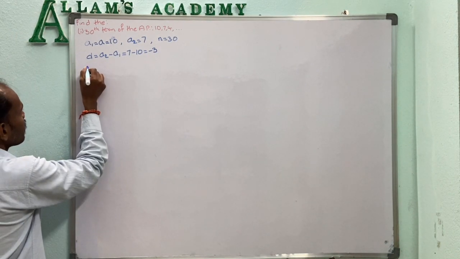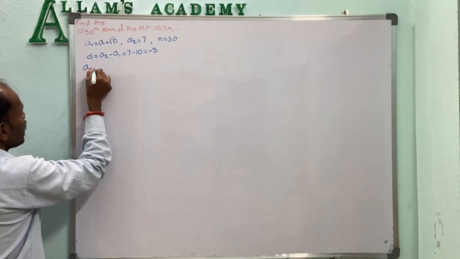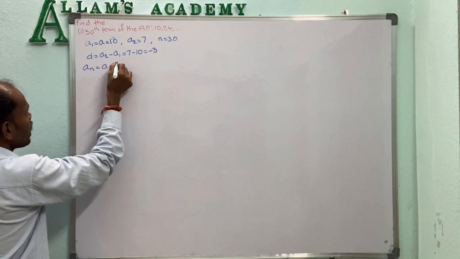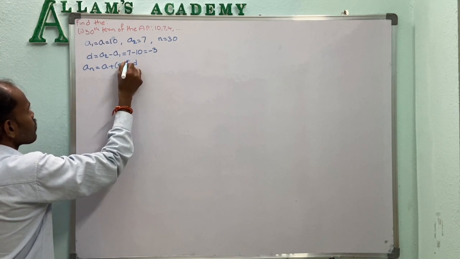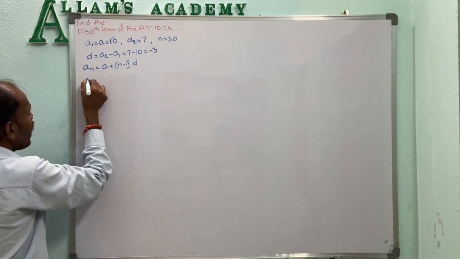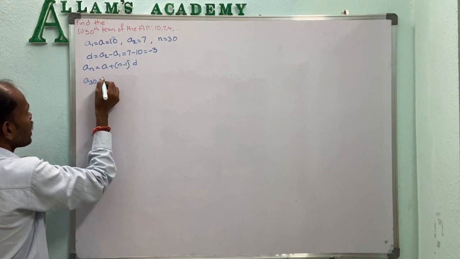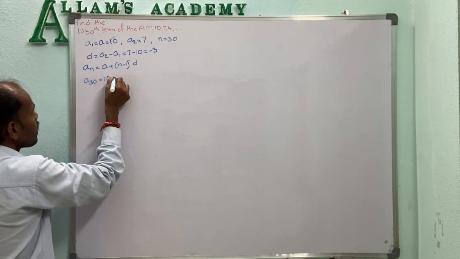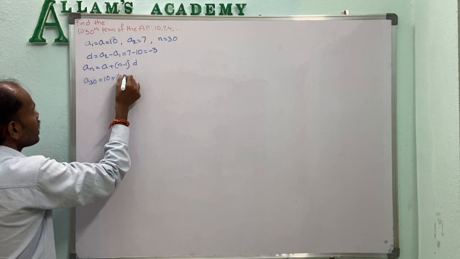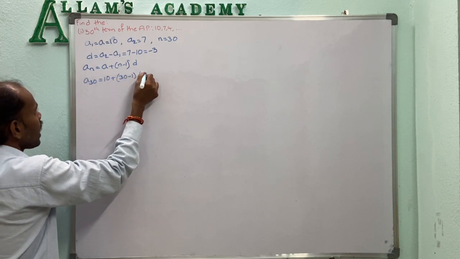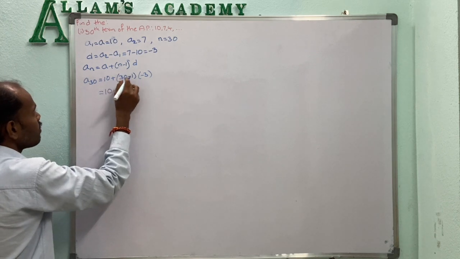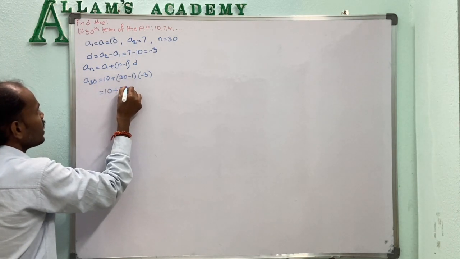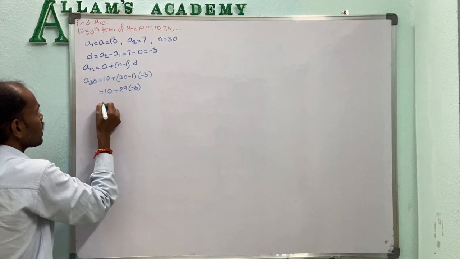Now, finding the 30th term: an equals a plus (n minus 1) into d, that is the general form. So a30 equals 10 plus (30 minus 1) into the common difference, minus 3. So 10 plus 29 into minus 3.